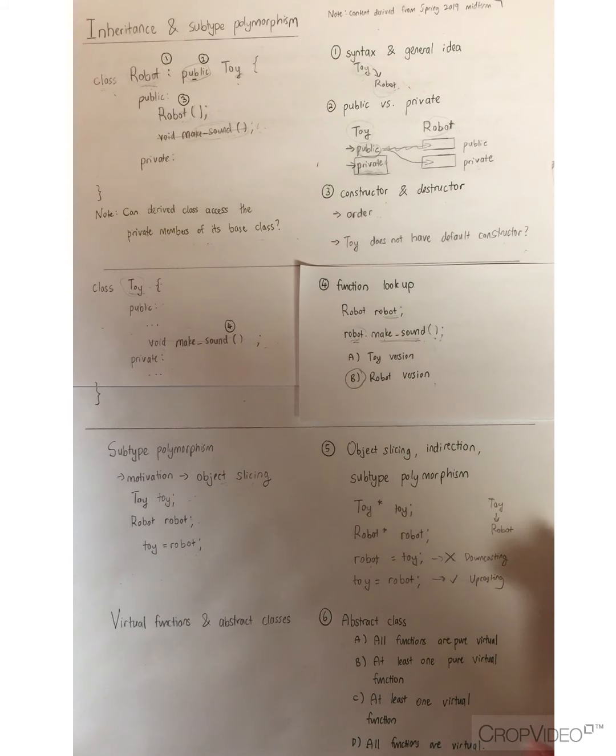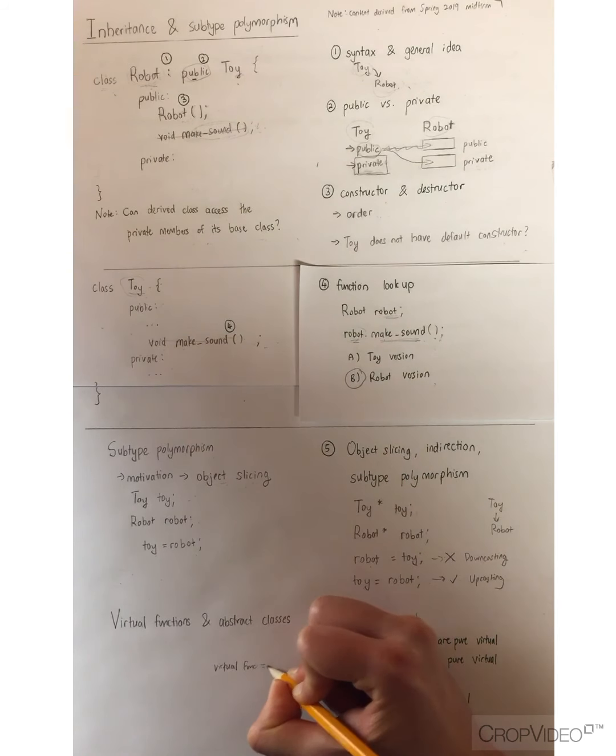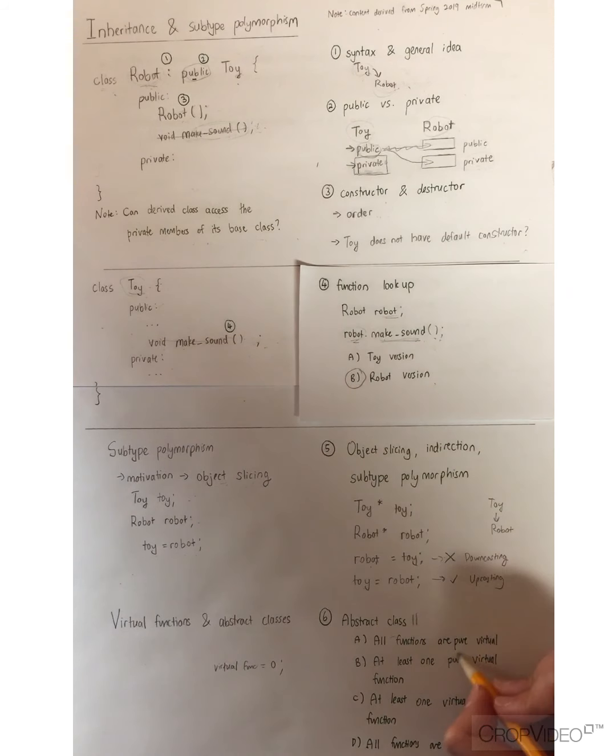Okay, let's end with a question about abstract classes and virtual functions. A common point of confusion is, what are abstract classes? When we have a pure virtual function, we have a virtual function with equals 0, and it is not implemented at all. That is pure virtual.